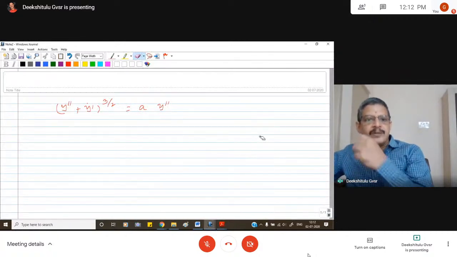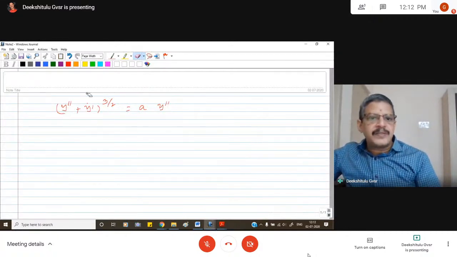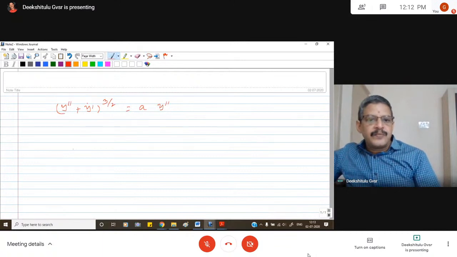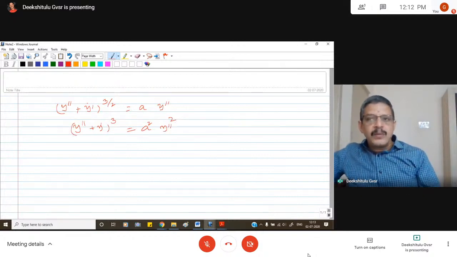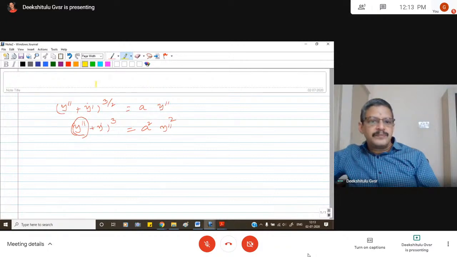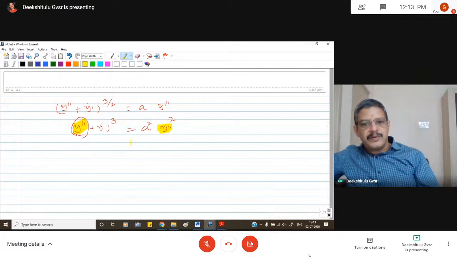So you have to eliminate the radicals, which means square both sides. This becomes (y double dash plus y dash) whole cube is equal to a square y double dash square. So now find the highest derivative term. This is the highest derivative term, and on the right hand side also we have a highest derivative term.